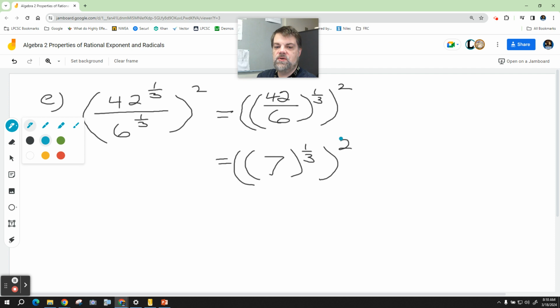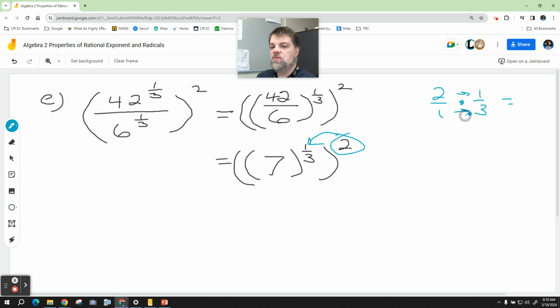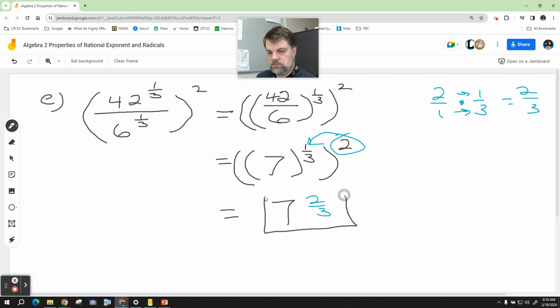So what we would do is we'd take this 2 and multiply it by 1/3. 2 over 1 times 1/3 is just 2/3, right? Because on fractions, we just multiply straight across. 2 times 1 is 2. 1 times 3 is 3. So this whole thing becomes 2/3. So it's 7 raised to the 2/3.